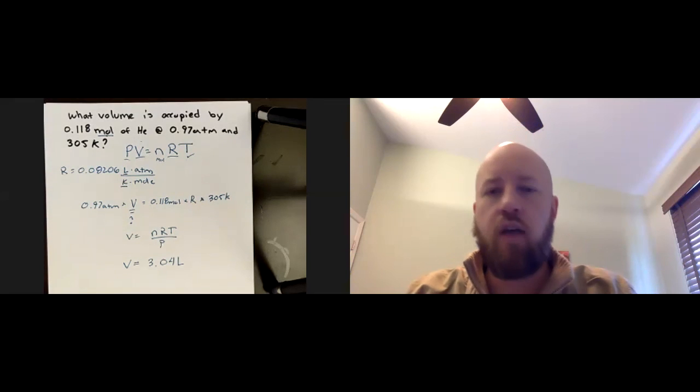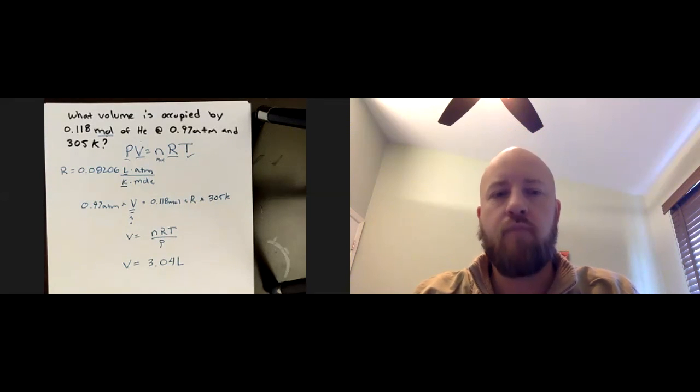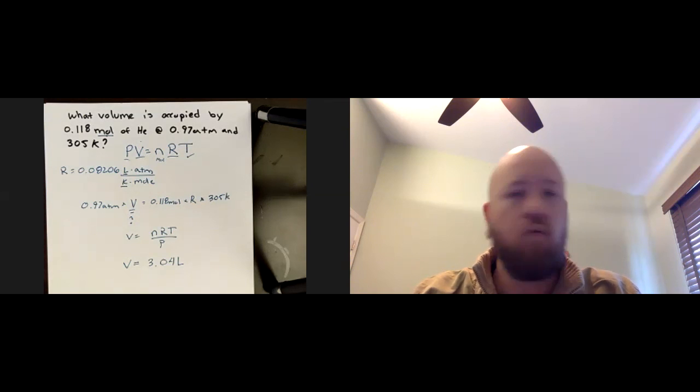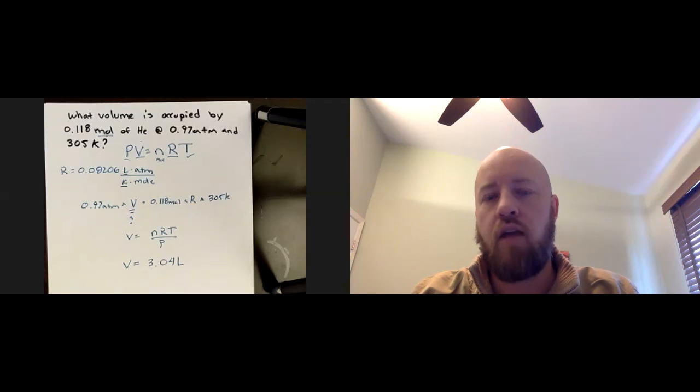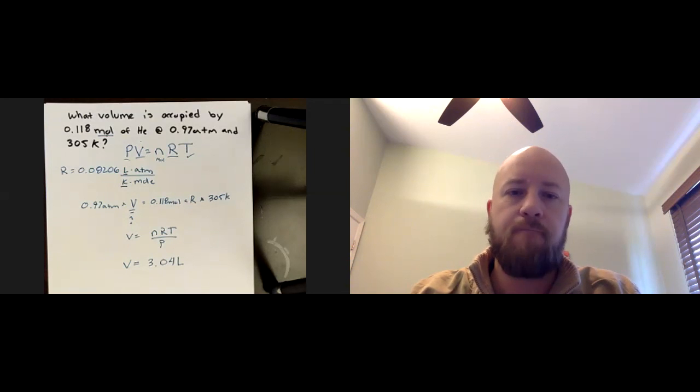We have simple gas laws, things like Boyle's law, Charles' law, the ideal gas law, and some basic unit conversion that have to be done. In the next video, we'll start looking at some more complicated practice problems, looking at things like partial pressures and some other stoichiometry and things like that.